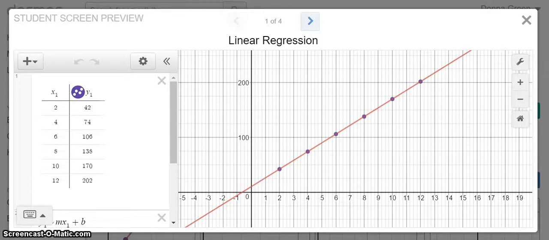So I've been looking for a new program to use to do regression, and I was very excited to learn that Desmos does regression. So I spent some time trying to learn a little bit about how it's done, and I've made this very basic activity.